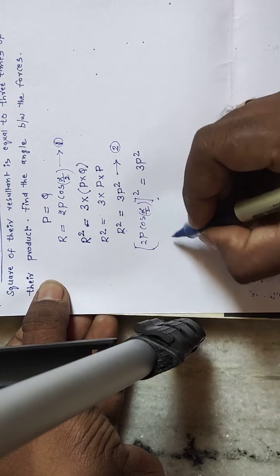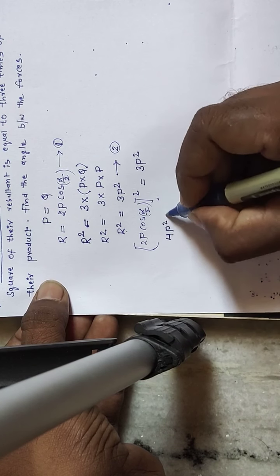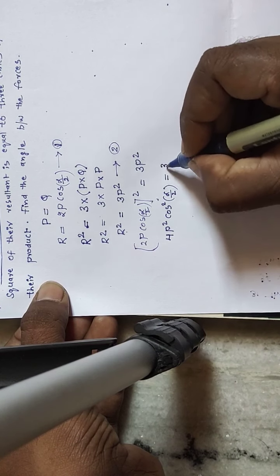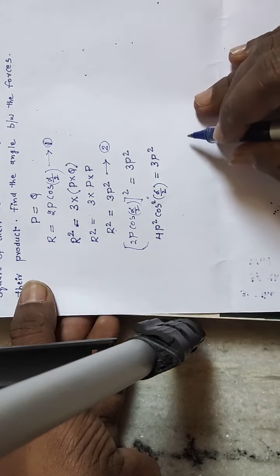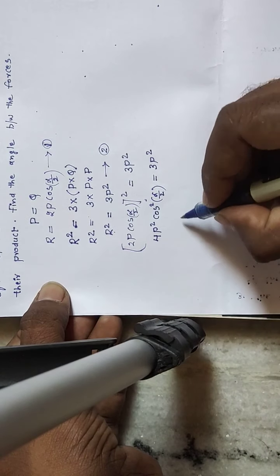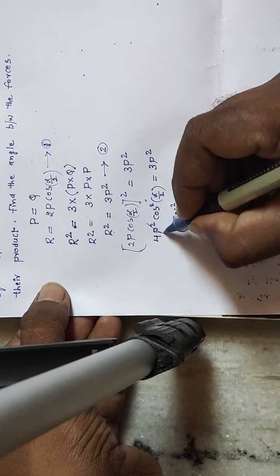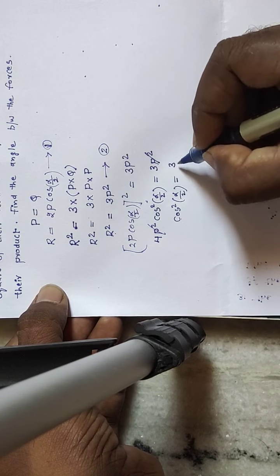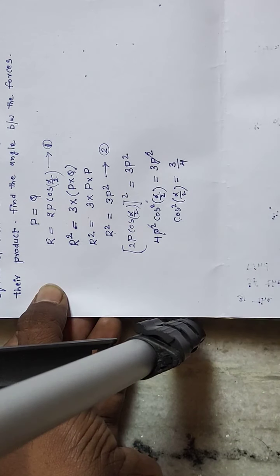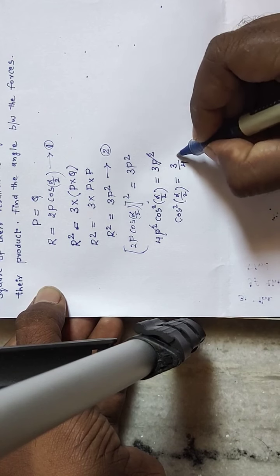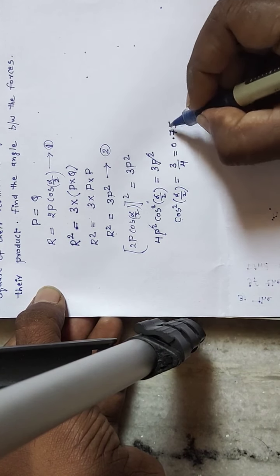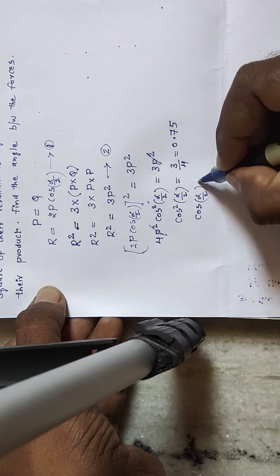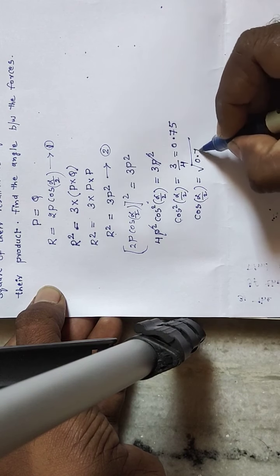It will become 2 square, 4, into P square cos square alpha by 2 equal to 3P square. So P square on both sides is cancelled, then cos square alpha by 2 will be equal to 3 by 4. So 3 by 4 means 0.75. So cos alpha by 2 will be equal to under root of 0.75.